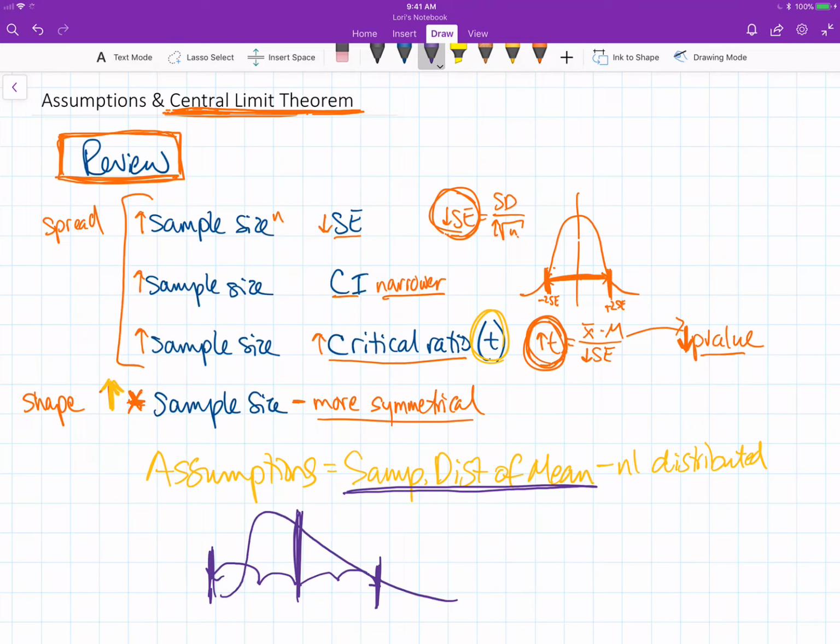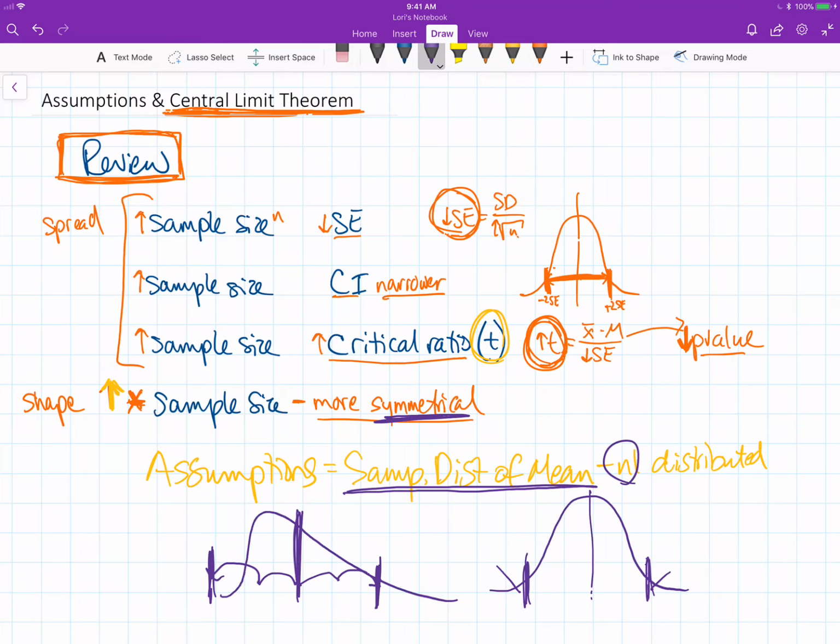If the shape is not a normal distribution, that normal bell-shaped curve, we need it to be that normal bell-shaped curve in order to make those conclusions that we made, that there's 2.5% in each tail, those kinds of things.